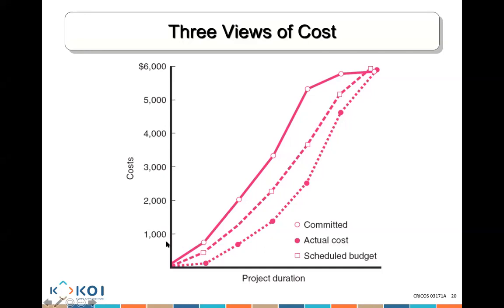We don't need to spend 800, we can only spend 500, but in case anything was to go wrong, there's extra cost committed for that project in the event we need it. So scheduled is what we scheduled to spend at that point in time. Actual is how much we actually spent, and committed is how much has been committed in terms of funds for the project by this specific point in time.